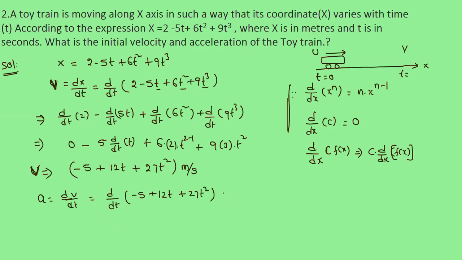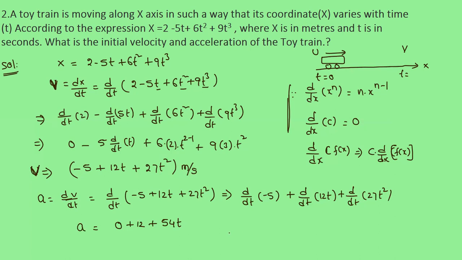Using the same formulas, d by dt of the constant is 0, d by dt of 12t is just 12, and 27 into 2 is 54, so 54t will come. So the acceleration is 12 plus 54t.